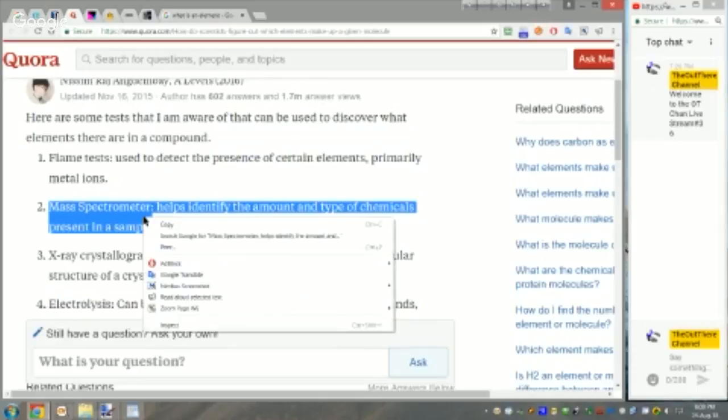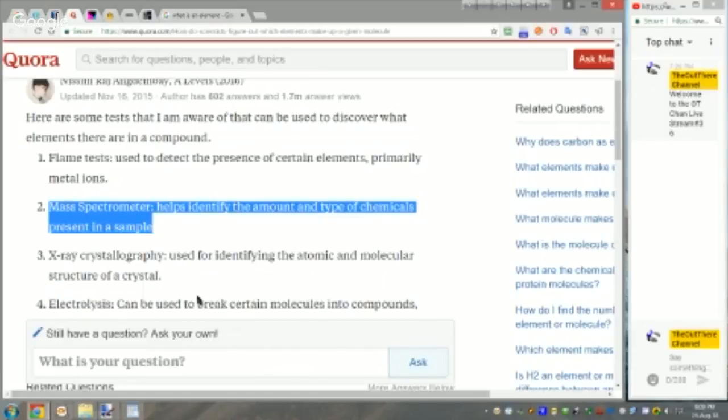Let's try that one. Mass spectrometer helps identify the amount and type of chemicals present in a sample. So that sort of worked.